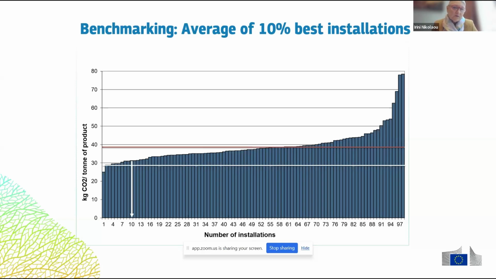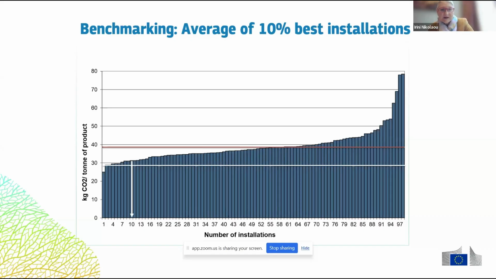Here we have the intensity, that means the kilo CO2 that they emit for 1 ton of product. Then we take the 10 best installations, calculate the average, and we call this the benchmark.